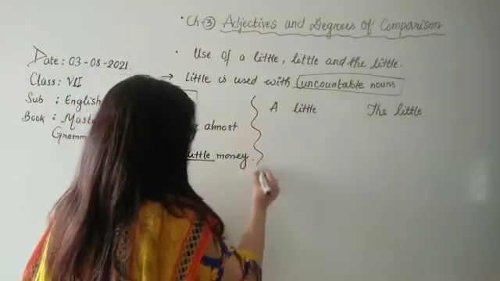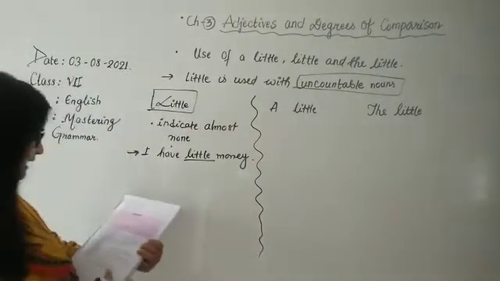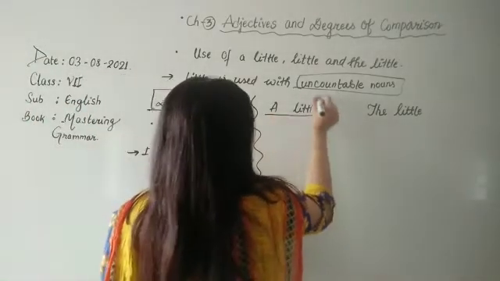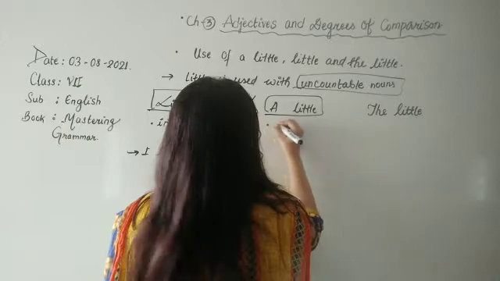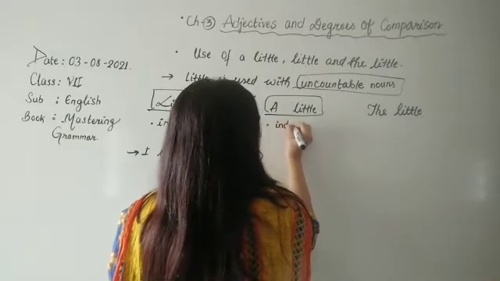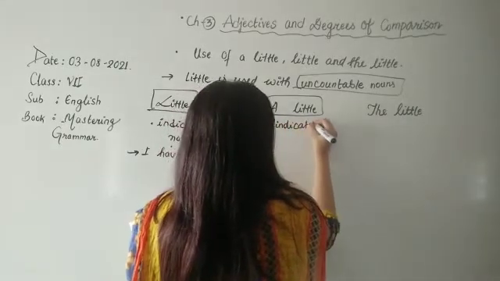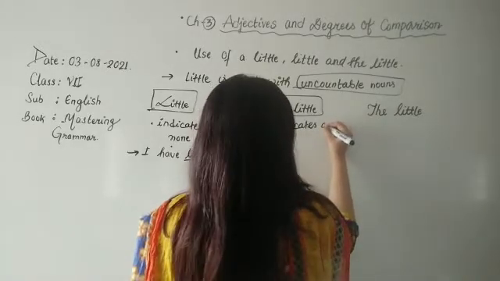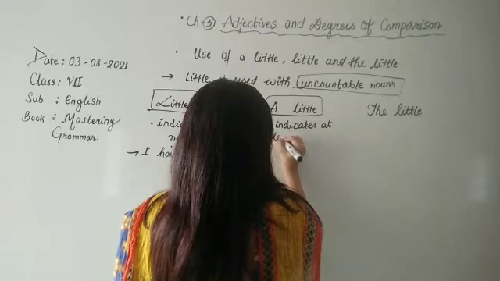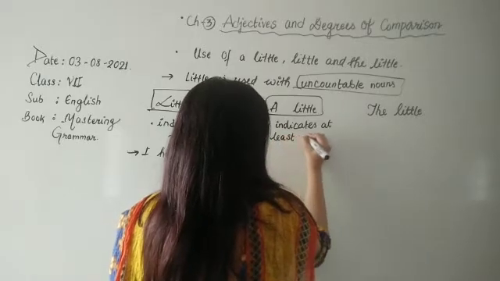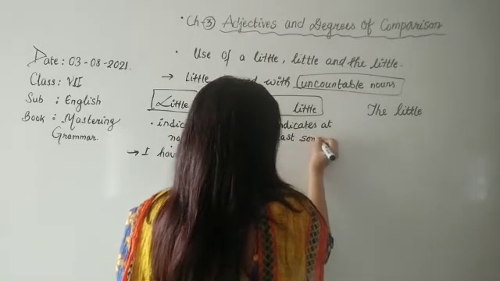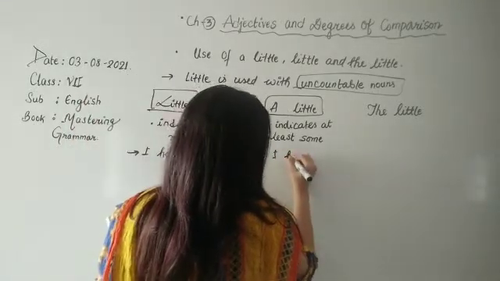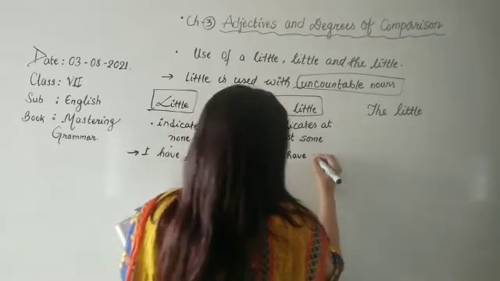Now, again, we can see a little. This one is used in positive sense. Okay? It indicates what? It indicates at least some. Okay? At least some. That means if I am saying I have some money, I am saying it in a positive way.